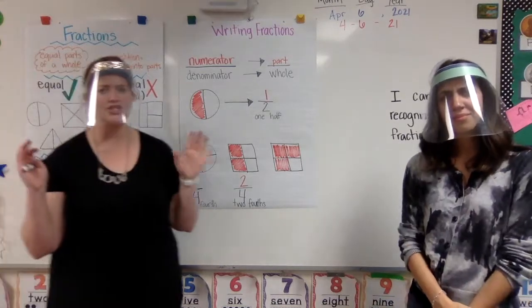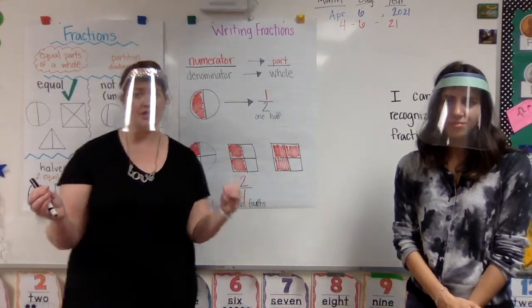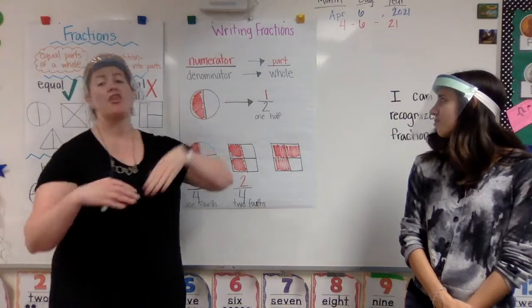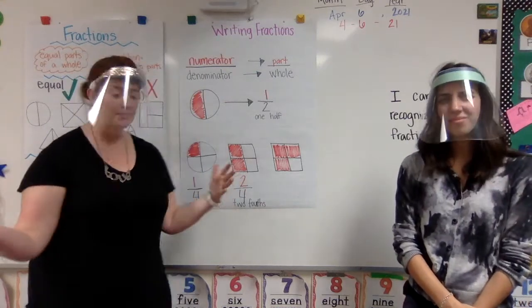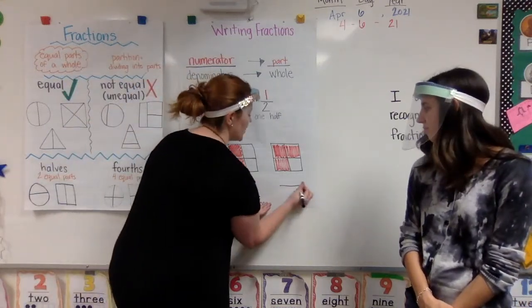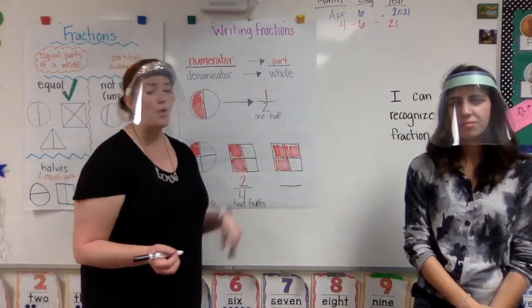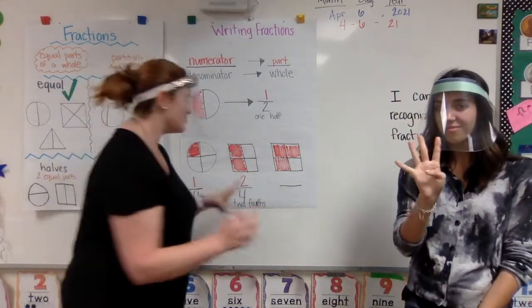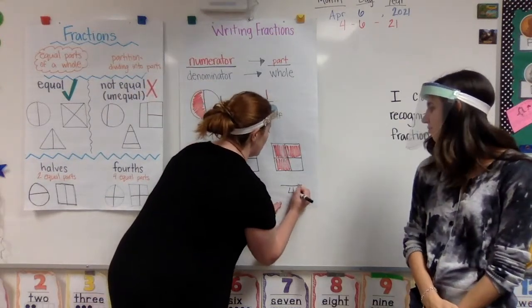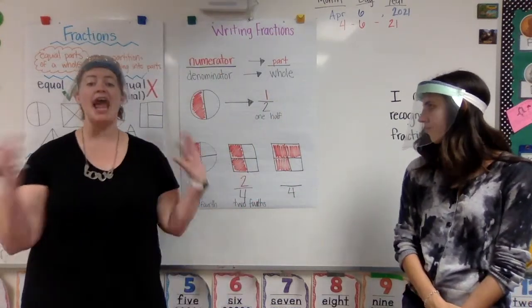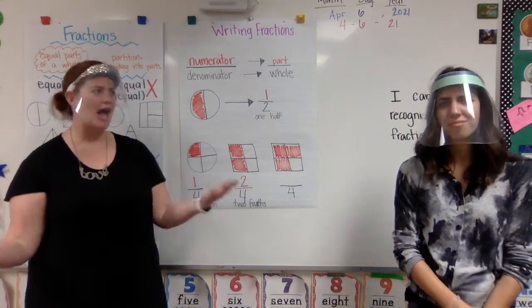Okay, well, I'm going to start by looking at my denominator first. That's the bottom number, or the whole. How many total pieces, my denominator. So that's the number I'm going to put underneath my line. I have 4 total equal pieces. So I'm going to put a 4 as my denominator. Now I need to go back and see, well, how many are colored in?